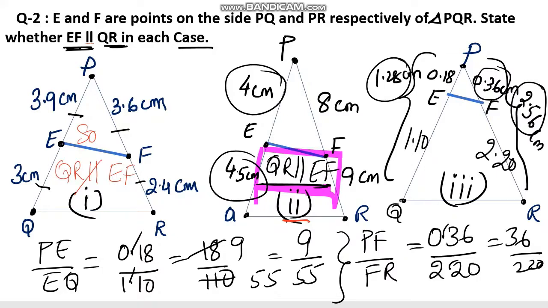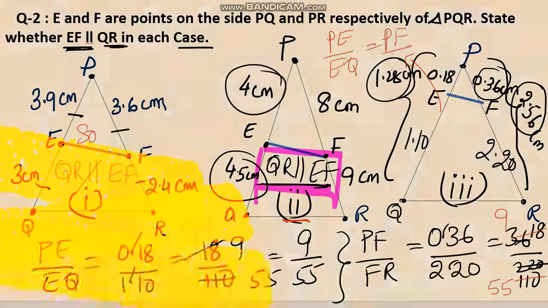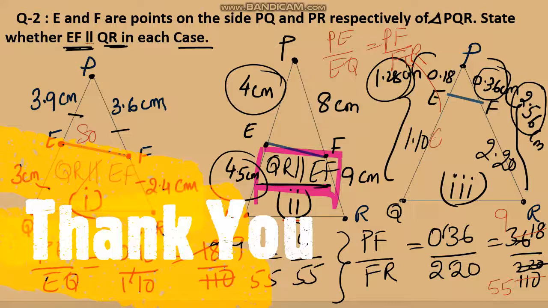With the table of 2, 2 18s are 36, and cancelling again you get 9 by 55. So in this case also you are getting PE by EQ equal to PF by FR. So QR is parallel to EF in the third case also.